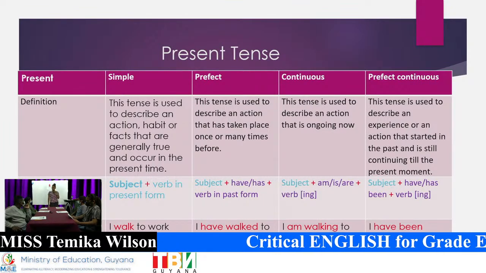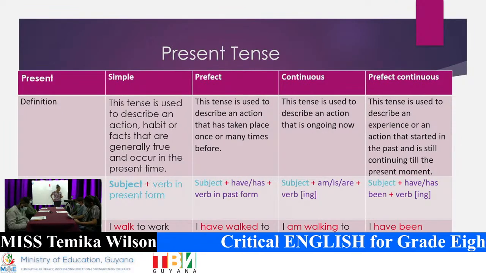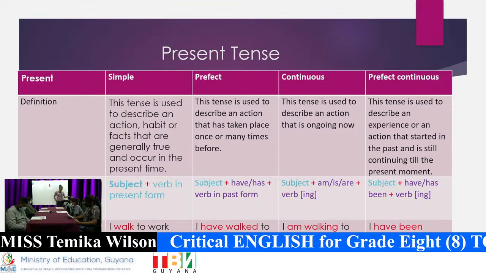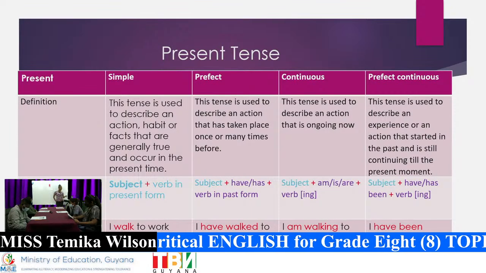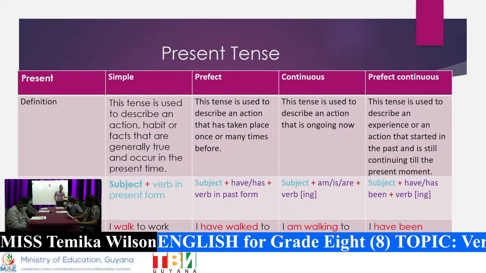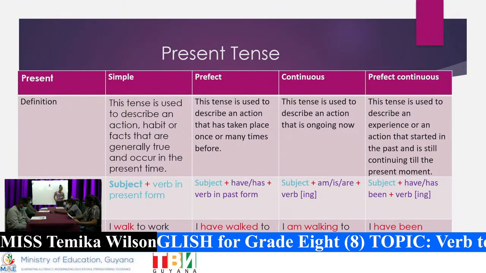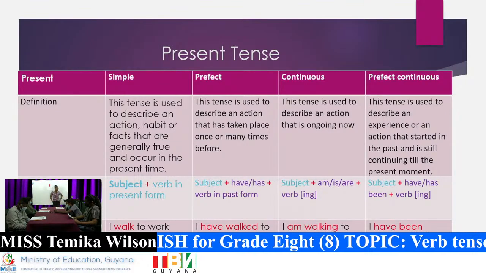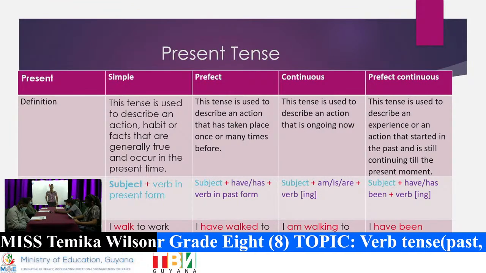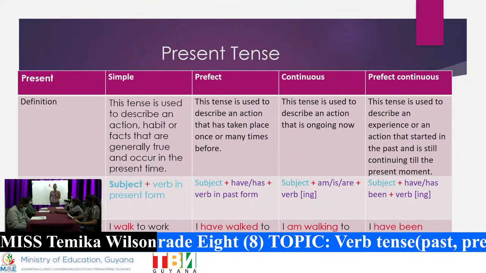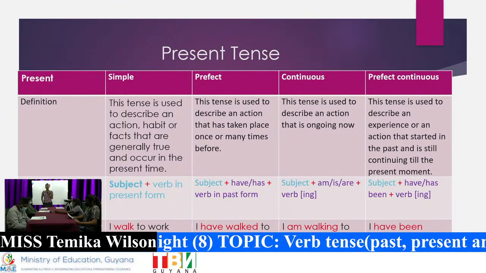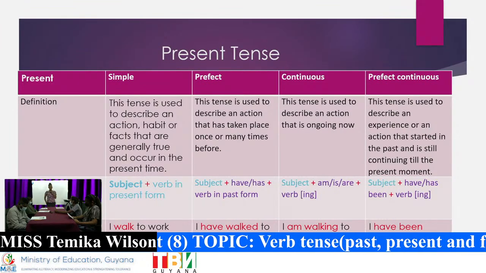All right? Good. Then we talk about the final one, the present perfect continuous. This tense is used to describe an experience or an action that started in the past and is still continuing till the present moment. And in order to form this, we use the subject plus has or have been, right?